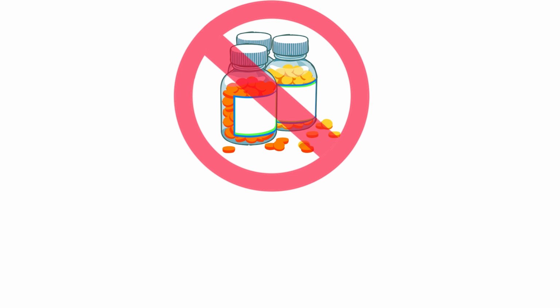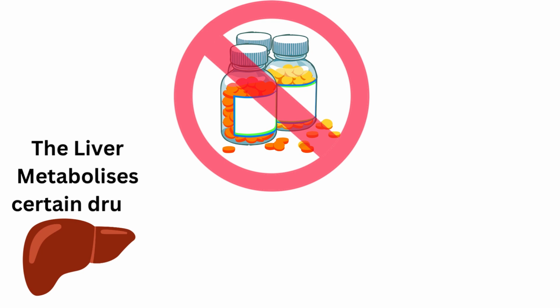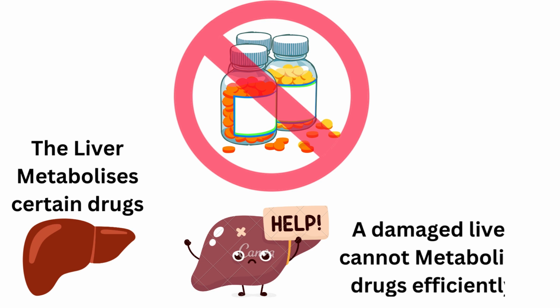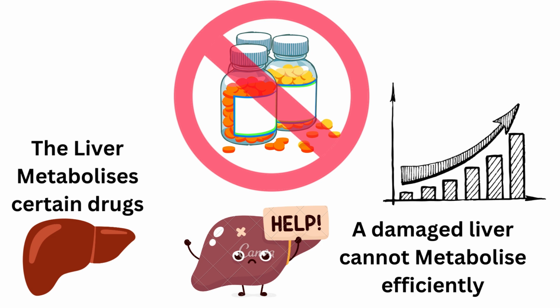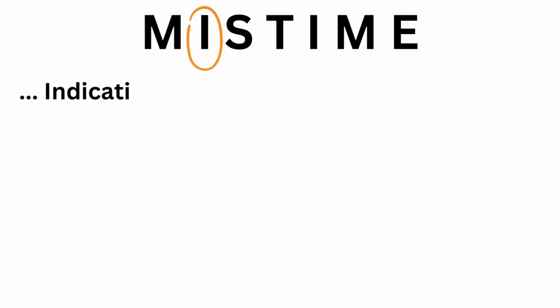For example, broadly speaking, in a patient whose liver is not working very well, for example in liver cirrhosis, drugs which would otherwise have been metabolized by the liver will no longer be broken down and thus accumulate to toxic amounts in the body. An example of this is ibuprofen, which is metabolized by the liver and thus should be avoided in patients with liver cirrhosis.